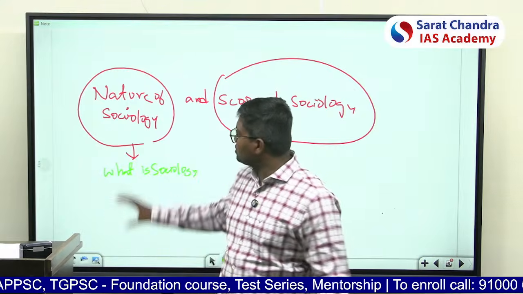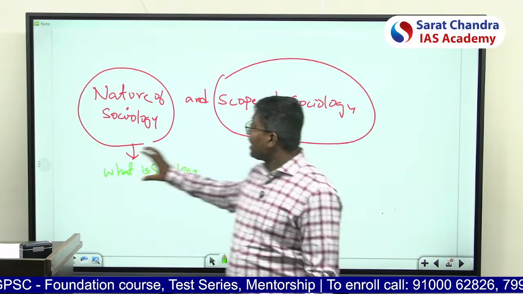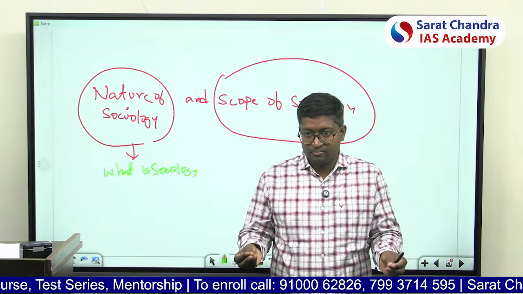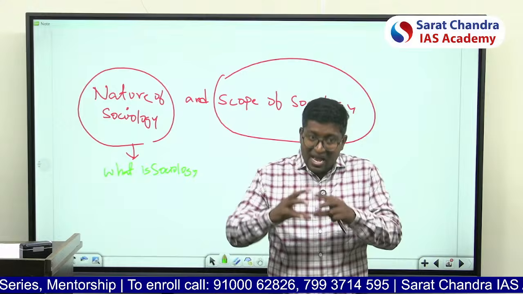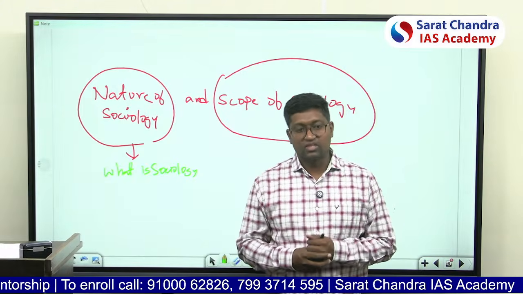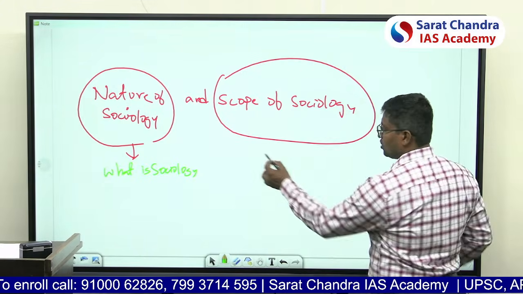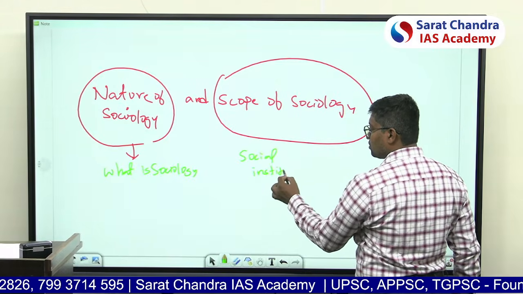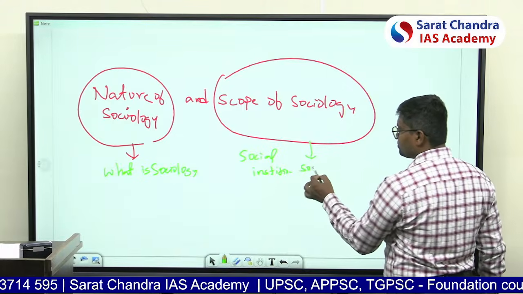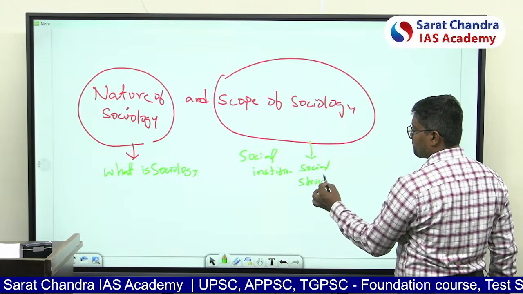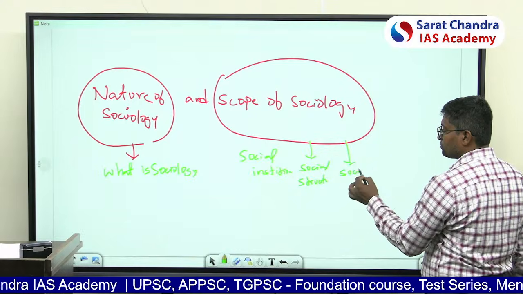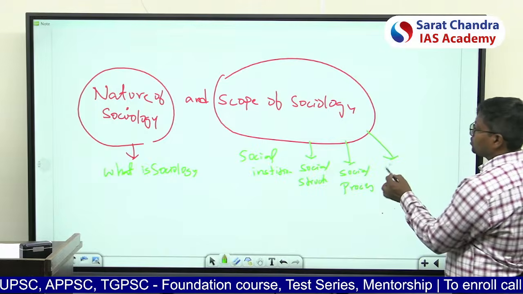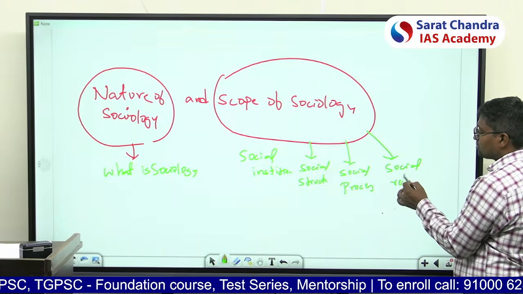That is nature. And the scope of sociology is what does sociology cover? What are the aspects that sociology covers? Sociology covers social institutions, social structure, social process, social relations.